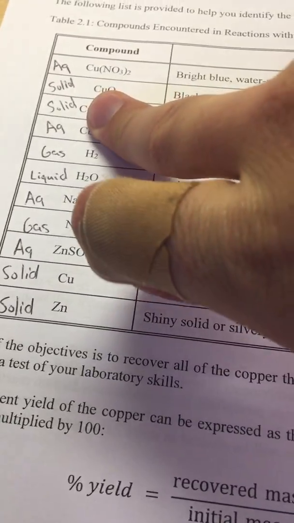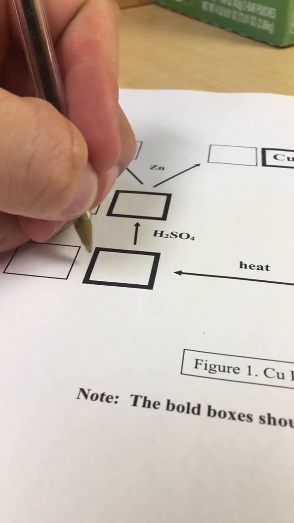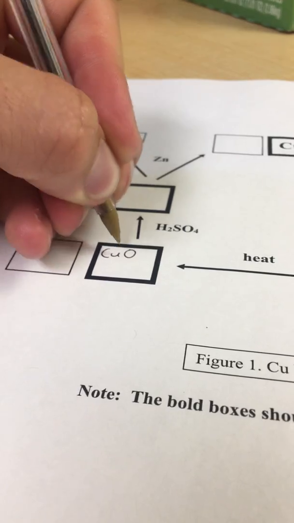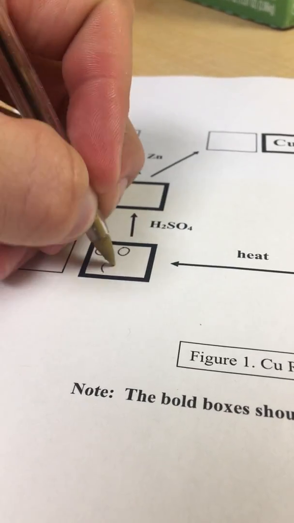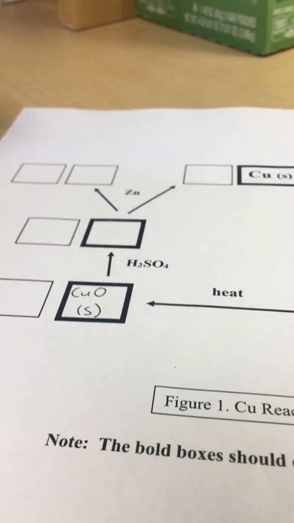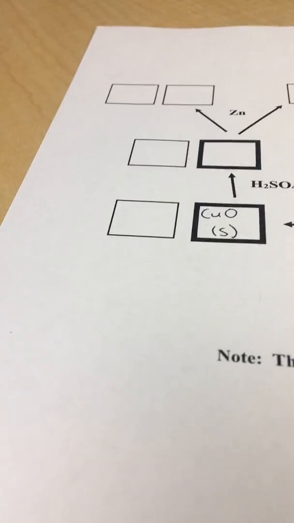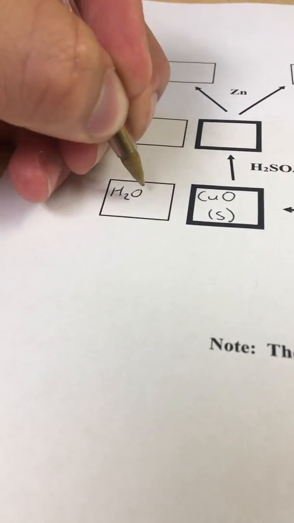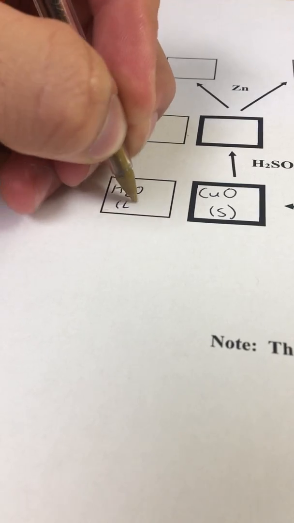So that has to be the answer for that one. So this box would be CuO, and that's a solid. And then the salt was being separated from H2O. So this one would be H2O, and that's a liquid.